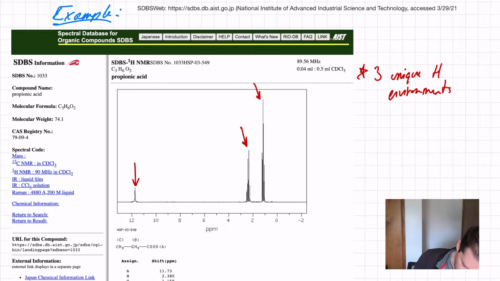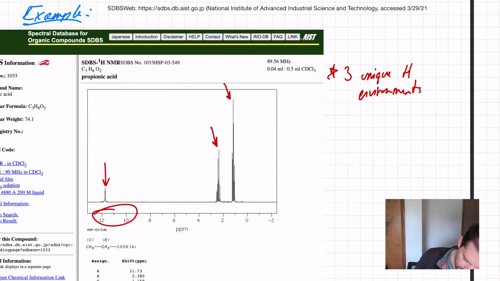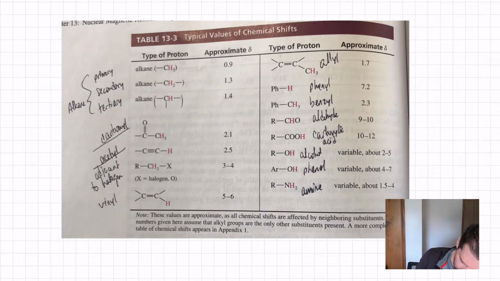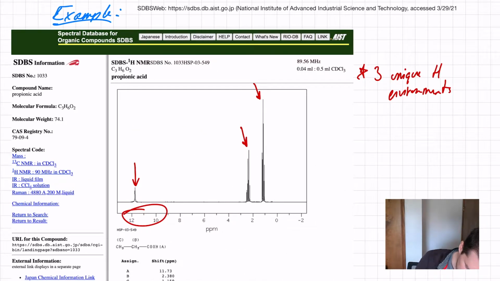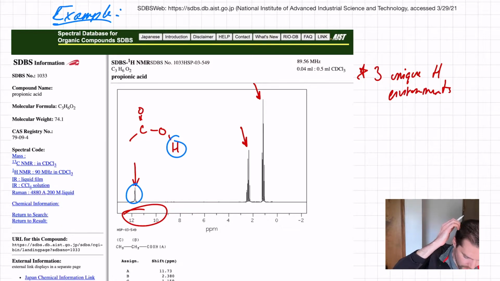Now, if I look at how far this one is, this is 10 to 12. If I go to this next page over here, carboxylic acid has a range of 10 to 12 for your chemical shift. So I would expect this proton to be represented by that peak.